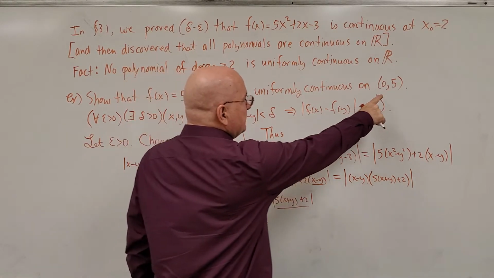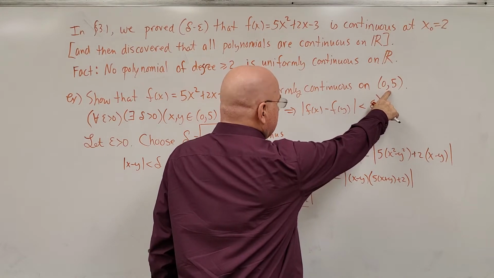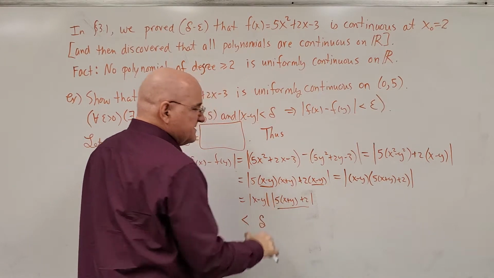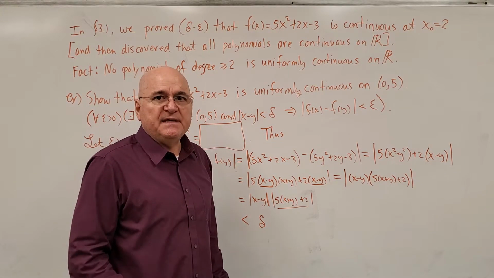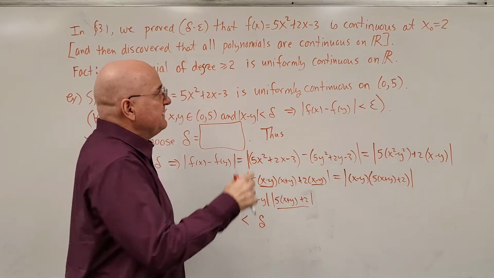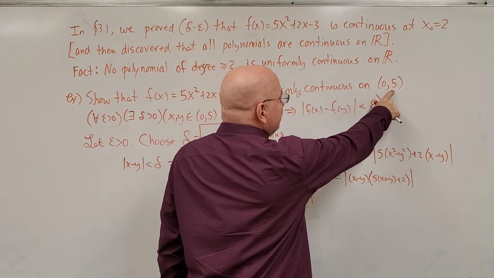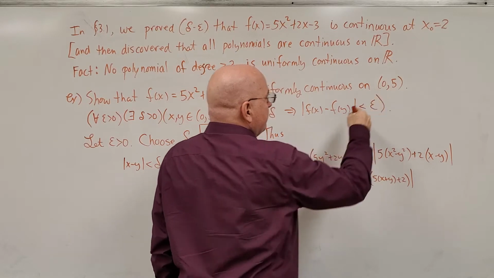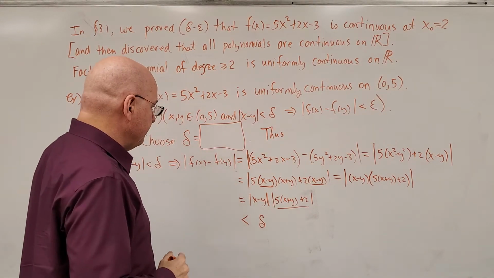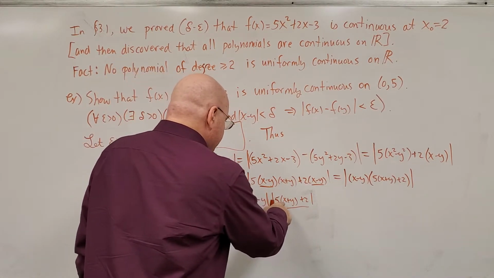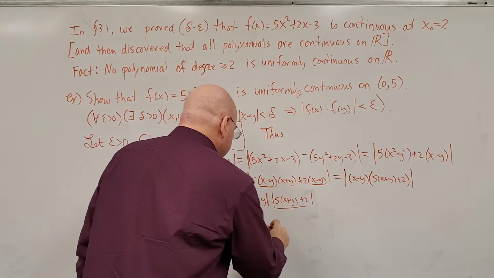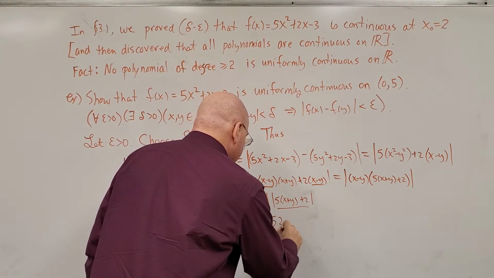Well, x and y are both taken from this interval. So the biggest x plus y could possibly be is 10. And actually, it couldn't quite be 10, because the numbers x and y are strictly between 0 and 5. So that would be 10 times 5, which is 50, plus 2, which is 52.